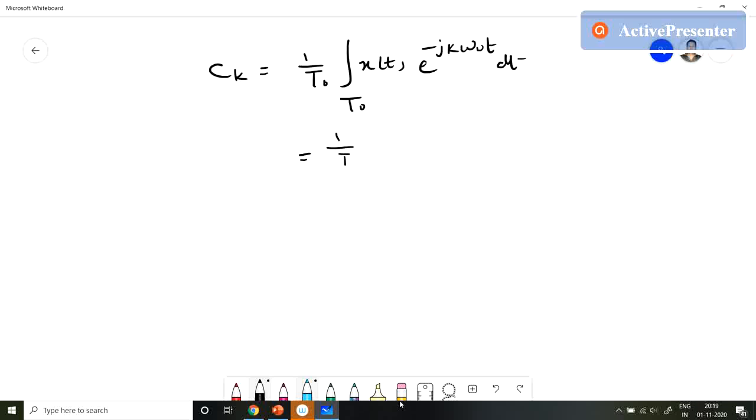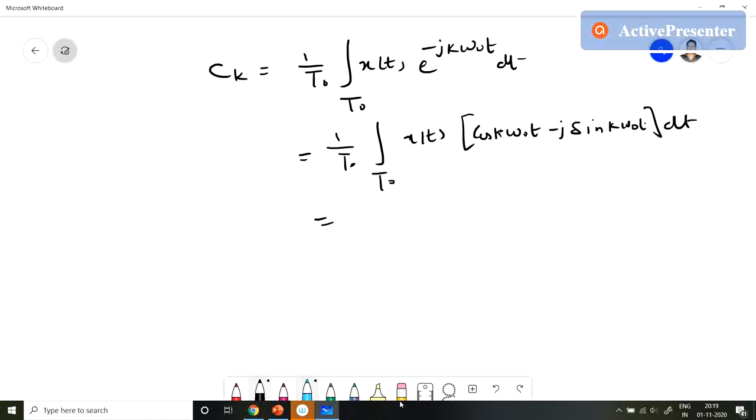So this ck is written as 1 divided by t naught, integration of xt e raised to the power minus jk omega naught t into dt. Now we can see that it can be written as xt times cos k omega naught t minus j sine k omega naught t into dt.